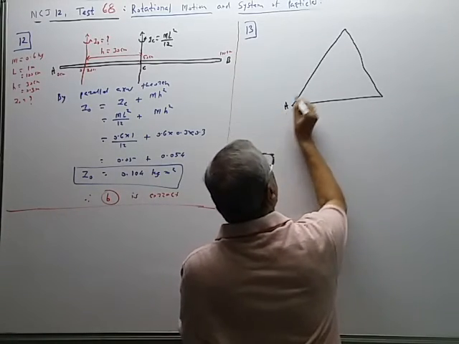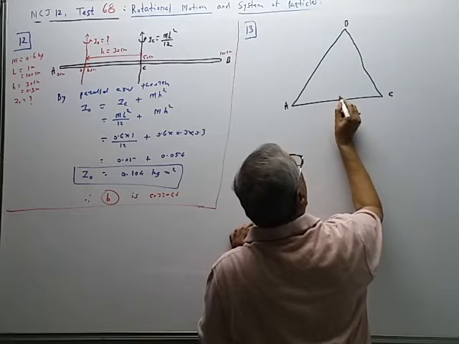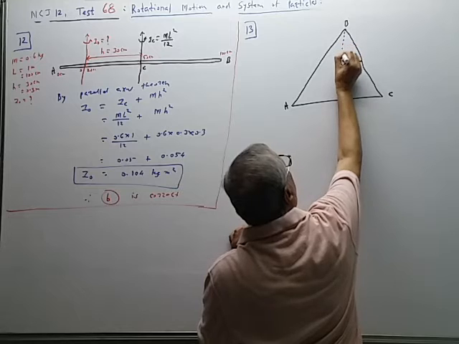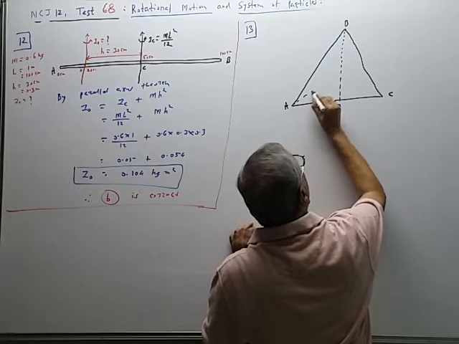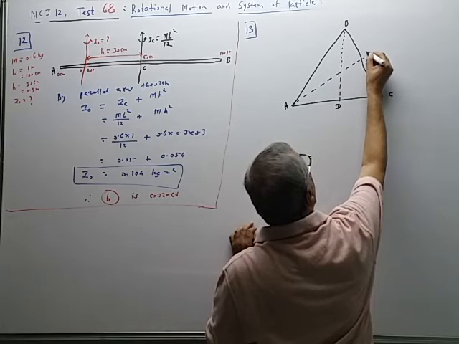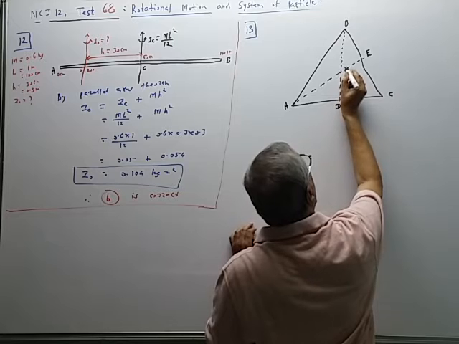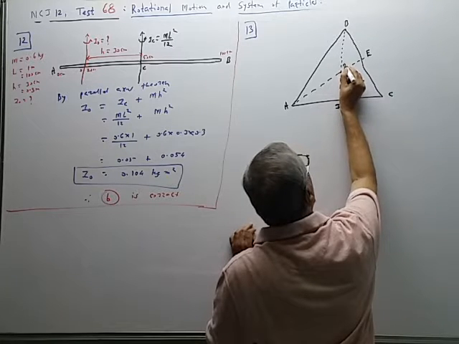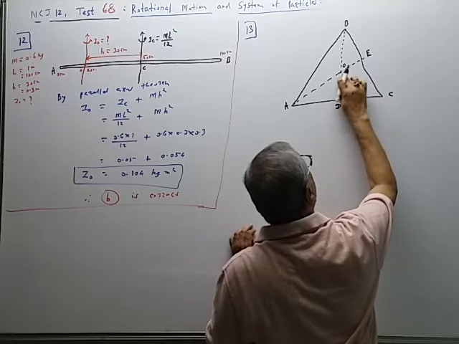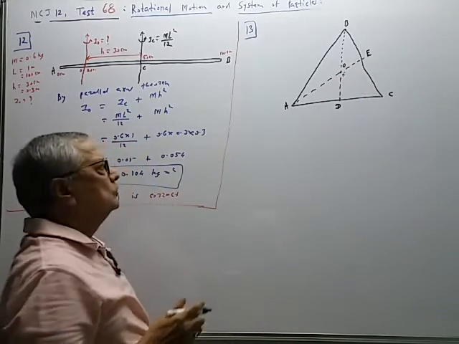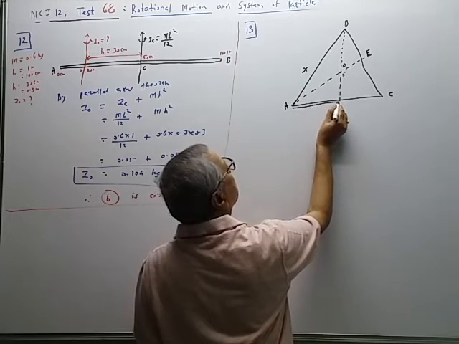So this corner is A, this corner is B, this corner is C. Now if we draw a perpendicular, this is point D. If we draw another perpendicular, this is point E, like this. So this point of intersection is O, where the whole mass of the body is supposed to be concentrated. So this is x, therefore this is x by 2.